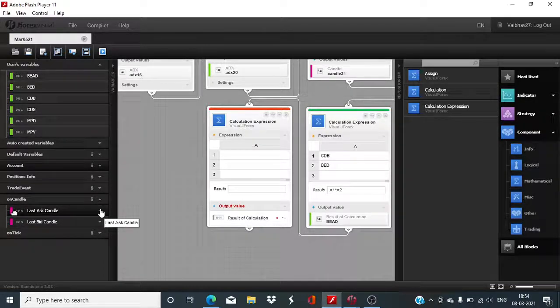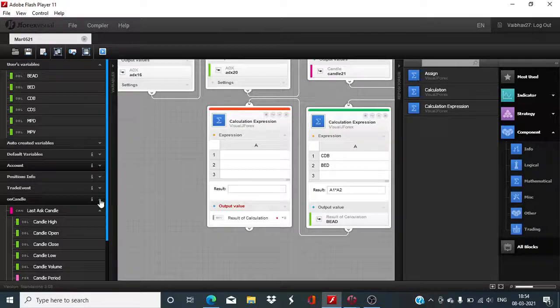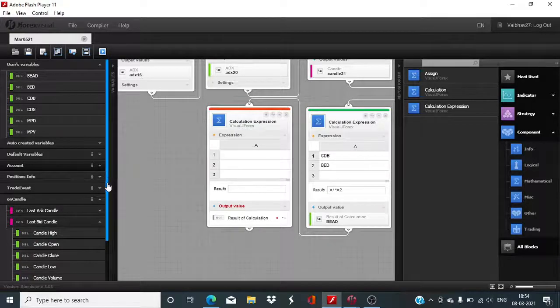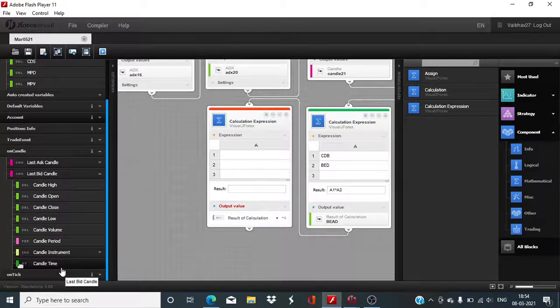Last as candle, I think it will be better if we go with the bid instead of ask for the buy side trade. So here we will have to rely on its individual price.